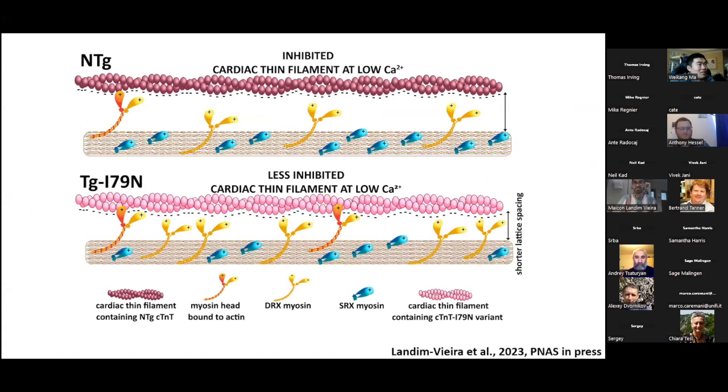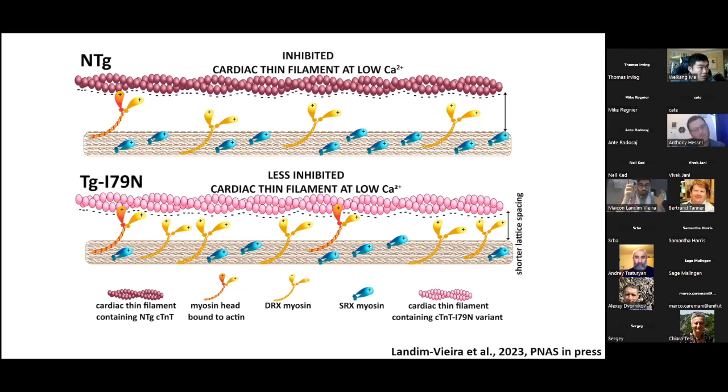Oh, there it is. So the DRX myosin heads are in the vicinity of the thin filament. They could not only form weakly bound cross-bridges, but they also progress to form force-generating cross-bridges at low calcium. And now that we have this enhanced cross-bridge formation, this could shrink the myofilament lattice, promoting more weakly bound cross-bridges.